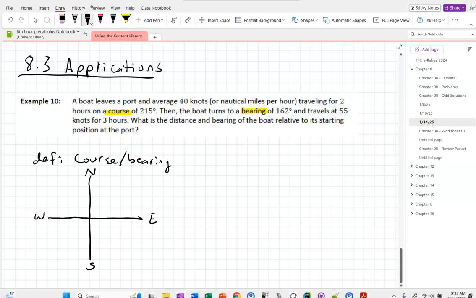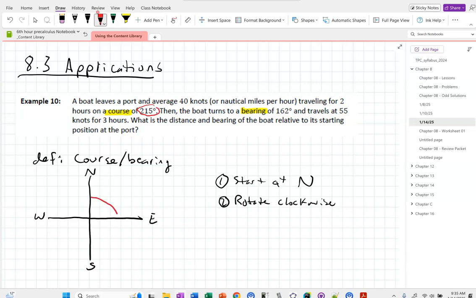For courses and bearings, we're always going to think about the compass rose. We always start at the north, and we're always going to rotate clockwise. So for example, if I take 215 degrees, I start at the north, that's 90, 180, and then 35 more.